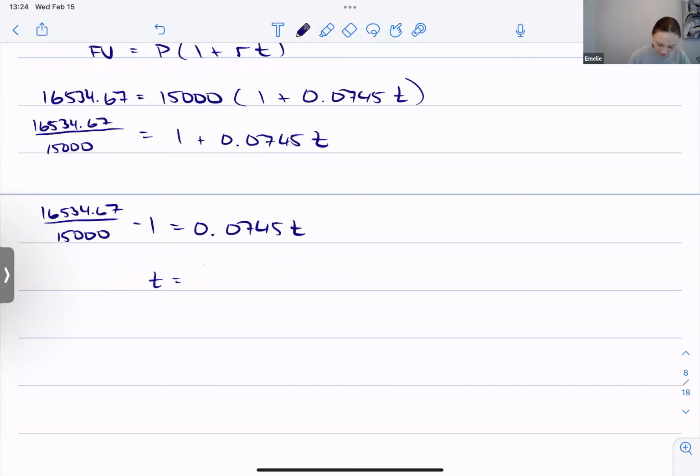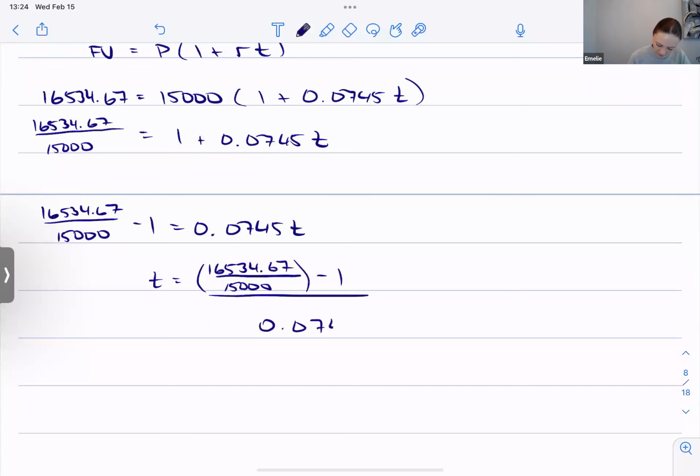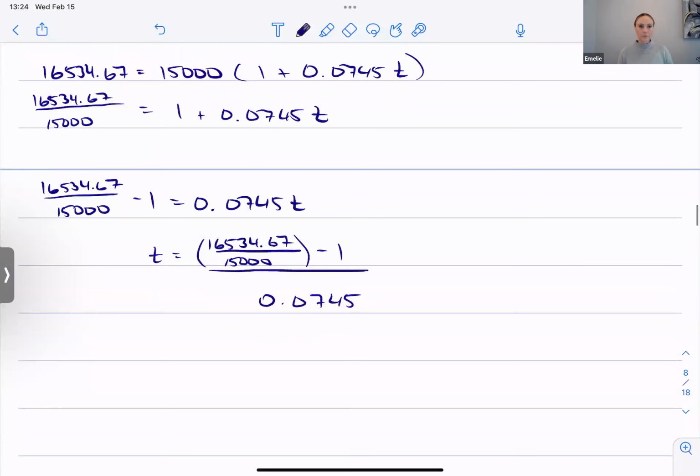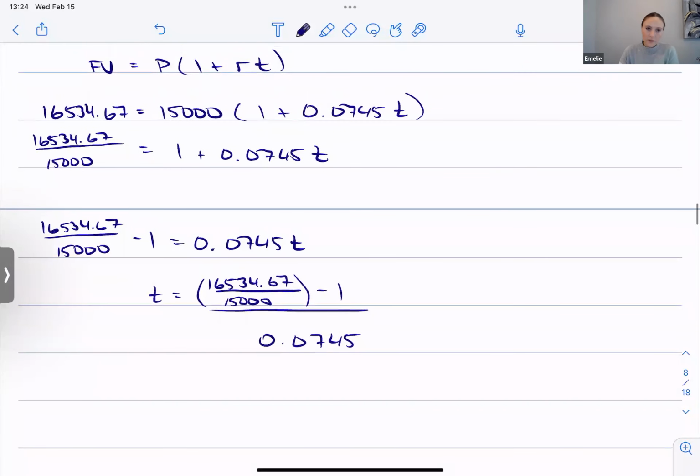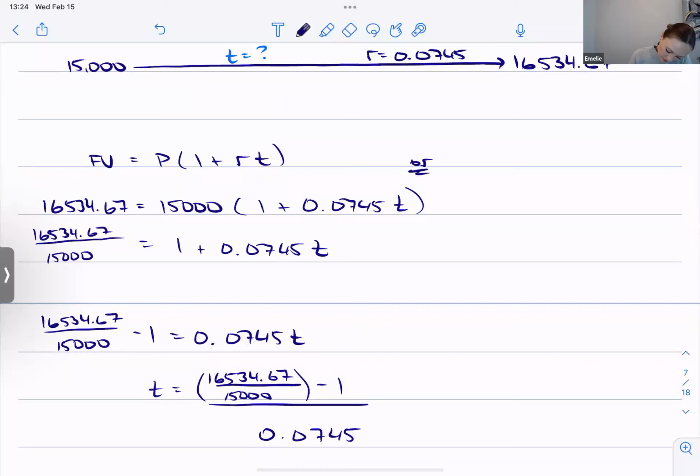Swinging that around, I get 16,534.67 over 15,000 minus 1 divided by 0.0745. That is the equation that we had for t. So that's why I say you don't really need to have it, but it might be nice to have. So t is the future value over P minus 1 divided by r.